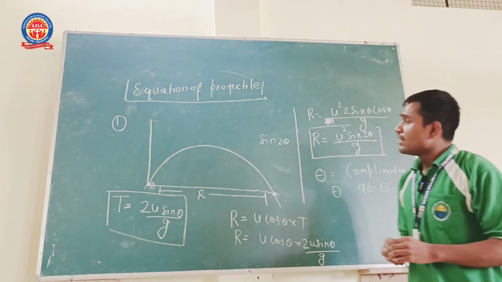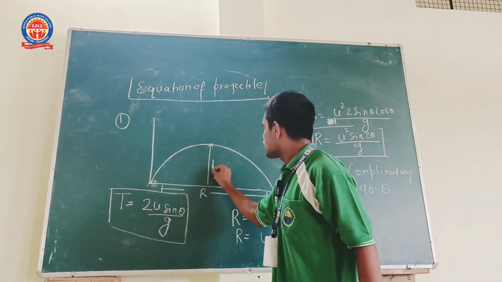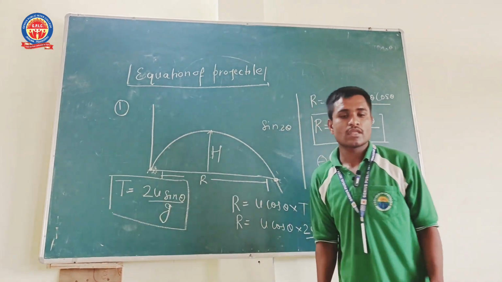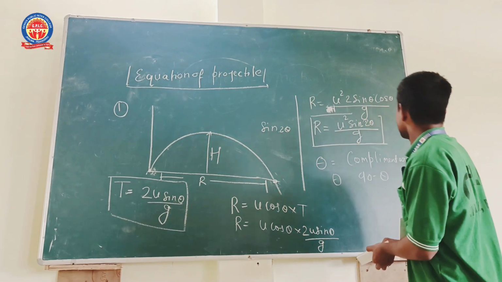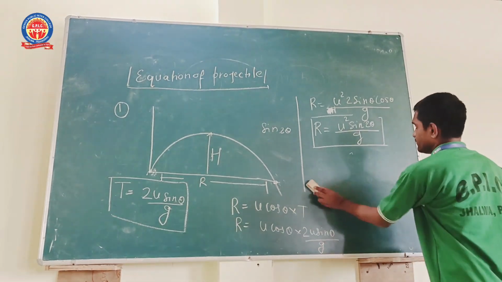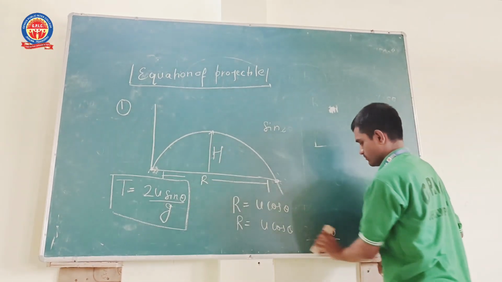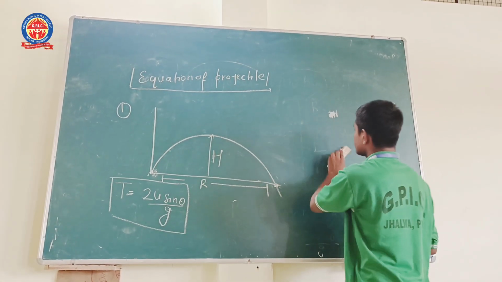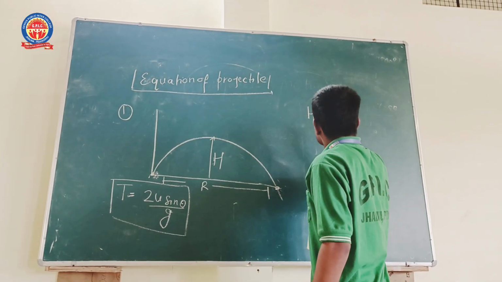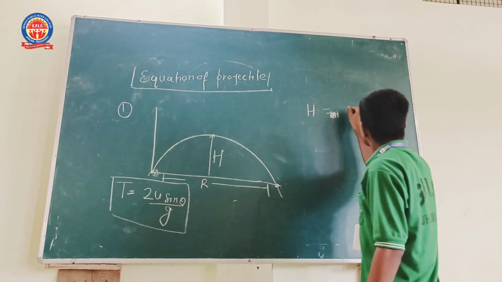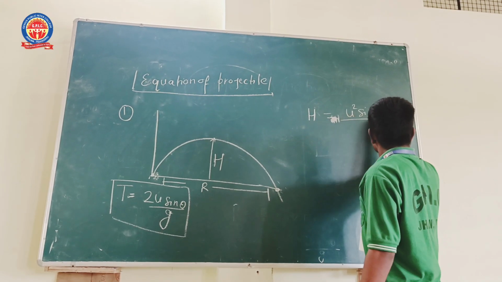Now to find the maximum height, what is the formula of maximum height? Height is equal to u square sin square theta by 2g.